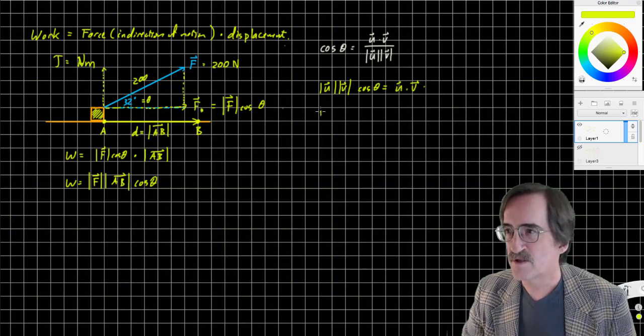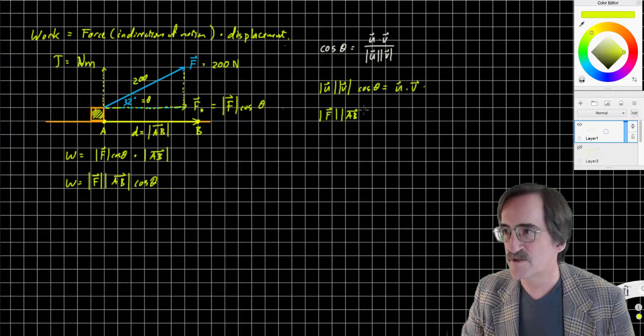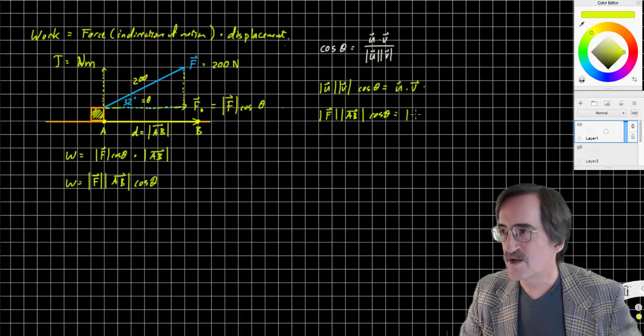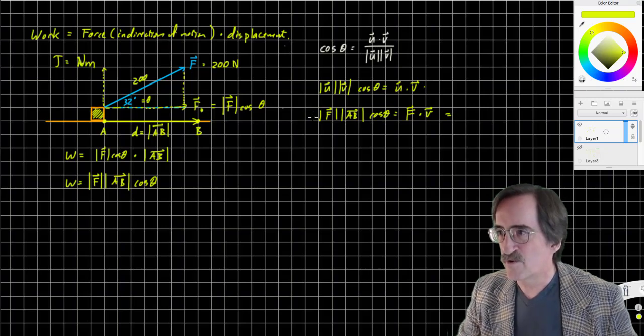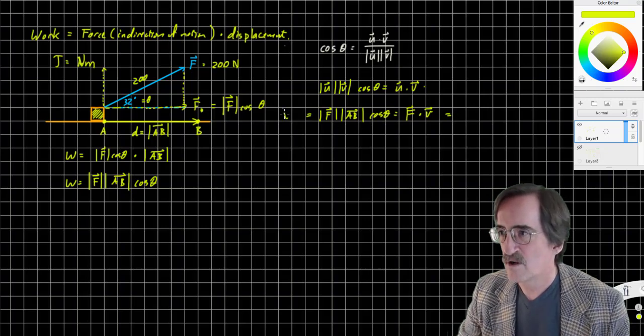So this formula becomes the magnitude of vector F, the magnitude of vector AB, which is the distance, cosine theta equals vector F dot vector AB. And that, we've already defined, is work.